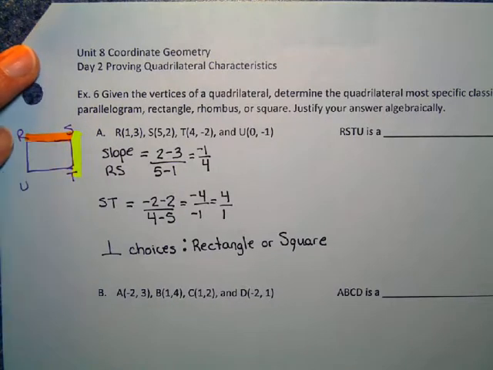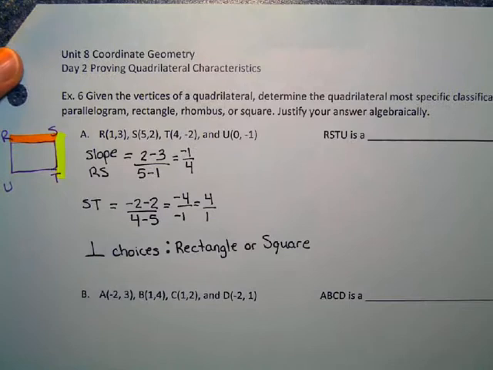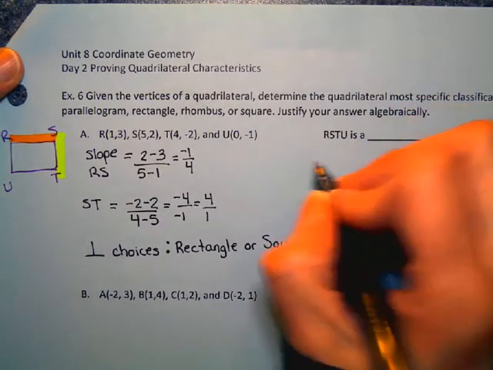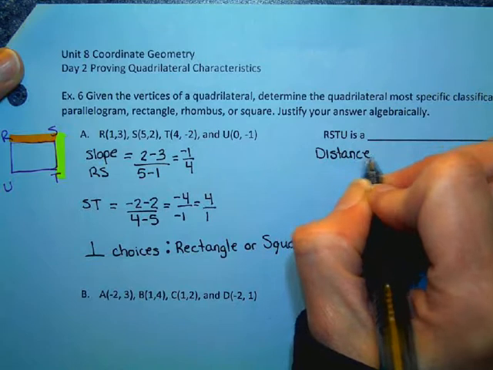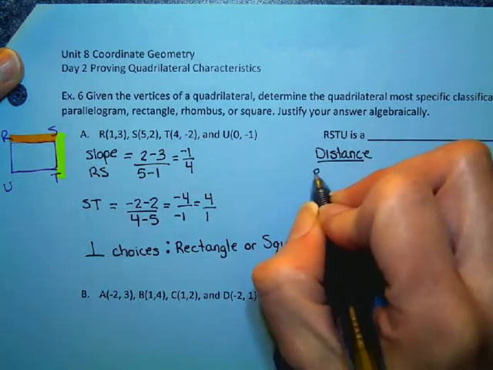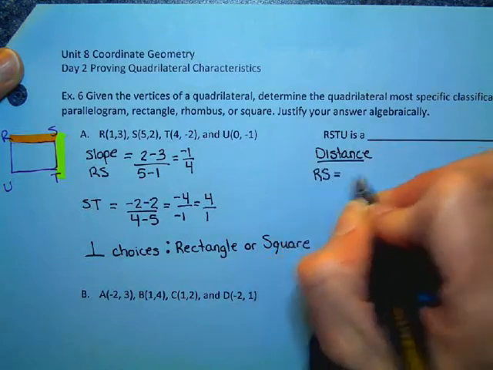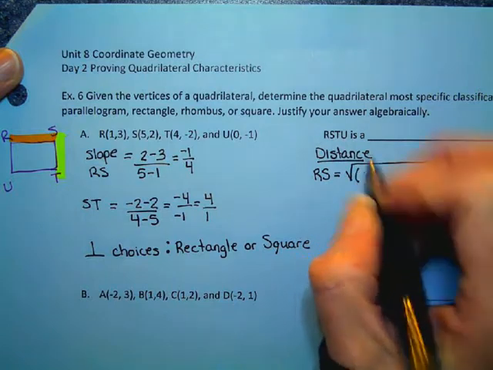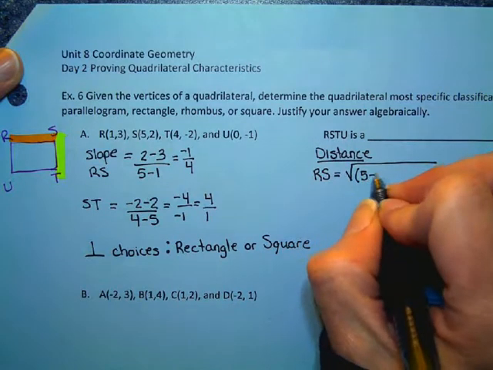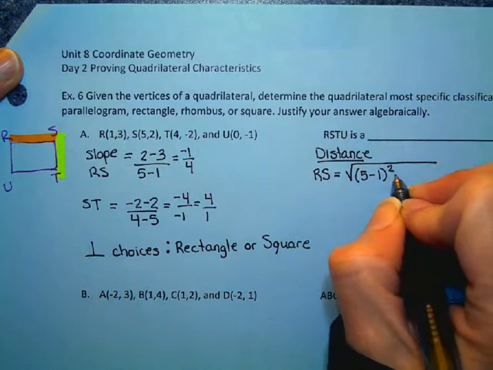So you use the distance formula. So let's say I find the length of RS. So x's go first, so we'll do 5 minus 1 squared plus 2 minus 3 squared.